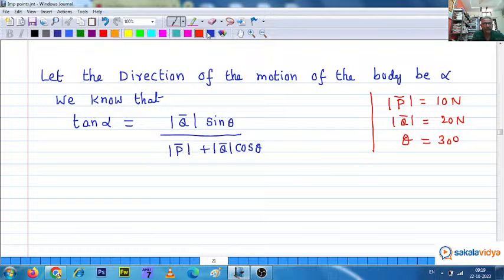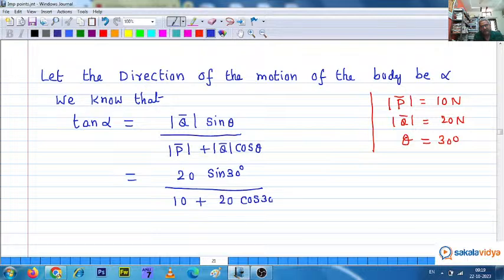Instead of mod q, 20, this is sine of theta, sine 30 degrees, divided by mod p is 10 plus mod q is 20, cos of theta replaced by 30 degrees. So my dear students, remember cos 30 is already known, that value is root 3 by 2, whereas sin 30 is equal to 1 upon 2.